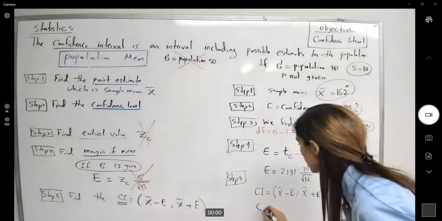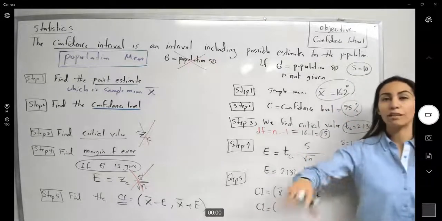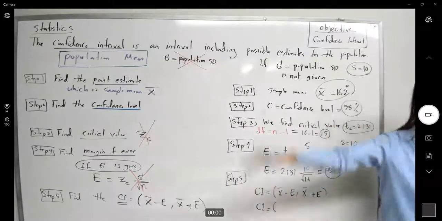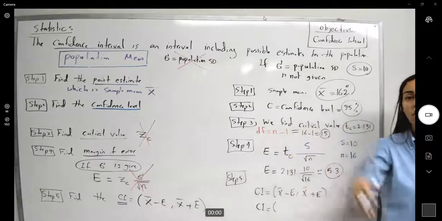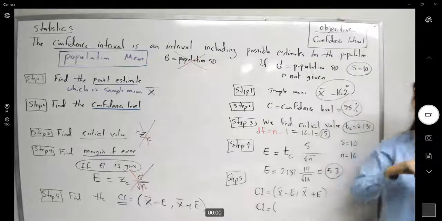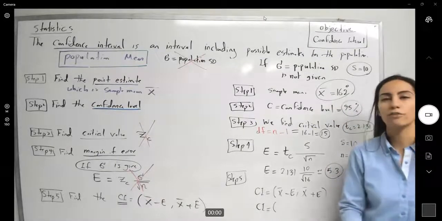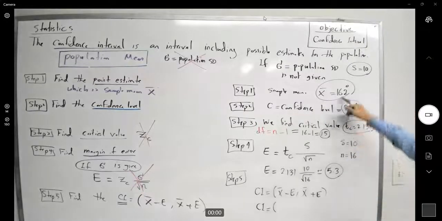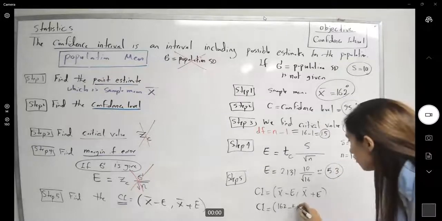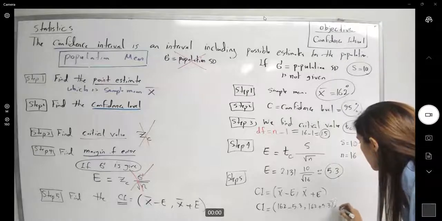So the confidence interval gives us the range of numbers for the temperature of coffees in the population. We don't know how many coffee shops there are. We took a sample, found the average temperature, and we are constructing a confidence interval. So it is X bar, 162 degrees, minus 5.3 degrees, and 162 plus 5.3 degrees.